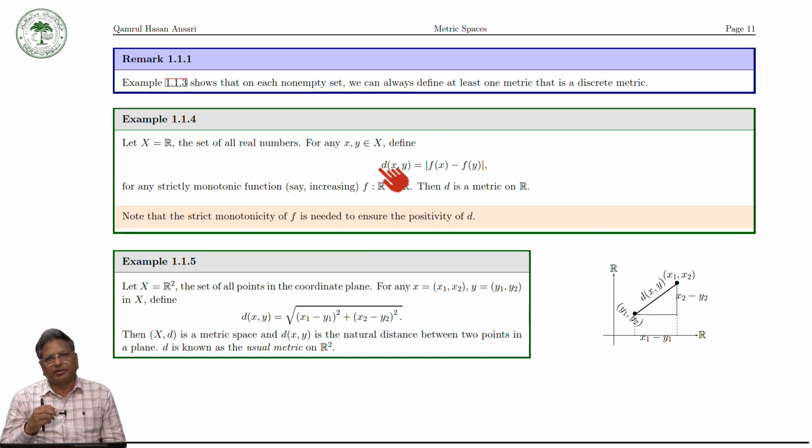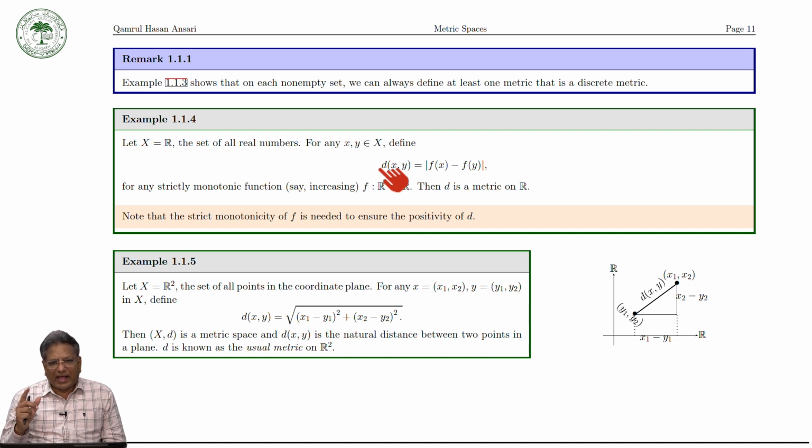That is to say, from the set of all real numbers, we can move to the plane, that is R2. So let us consider the set X is equal to R2. R2 means the set of all points in the coordinate plane.